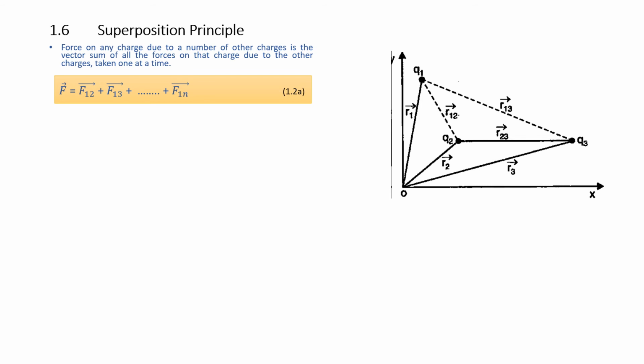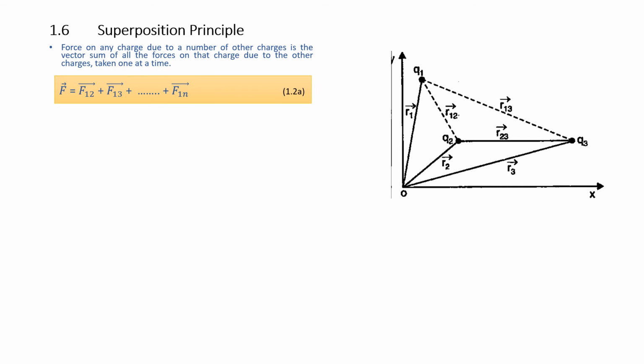That is, force on Q1 is the vector sum of force due to Q2 as well as the force due to Q3, and we can write in the formula force F is equal to vector F12 plus F13 plus F14. In the figure only two charges are shown, Q2 and Q3. There is no Q4 in the figure, whereas even if Q4 is present, its effect can be added.